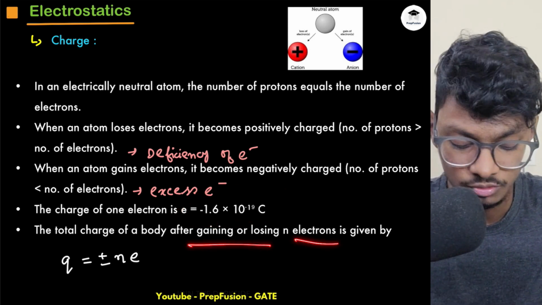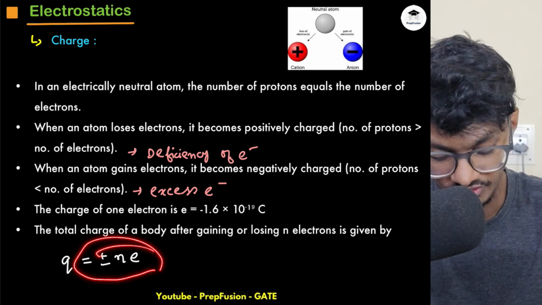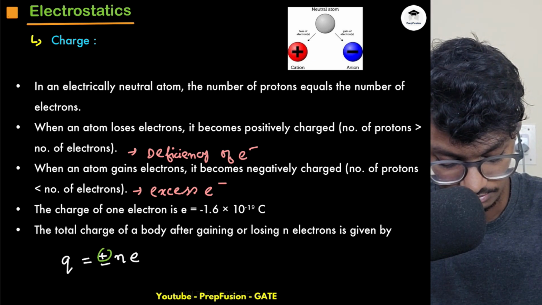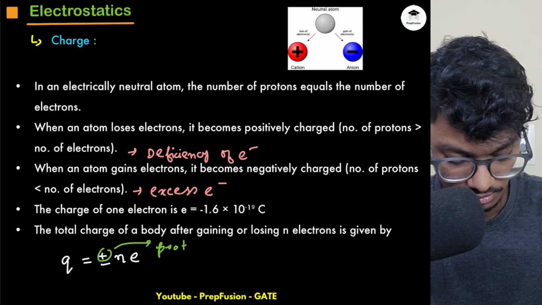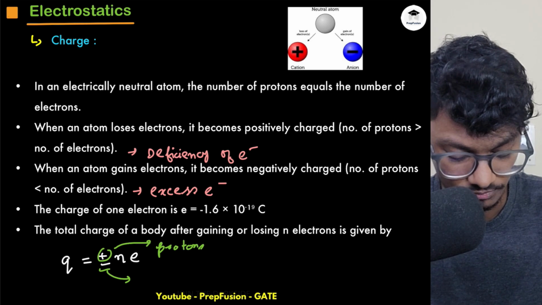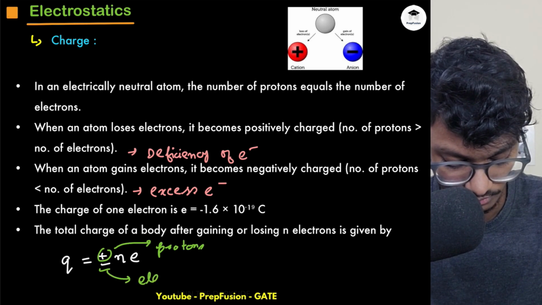So after gaining or losing n electrons, the charge can be plus minus. If I am gaining protons, it will be plus ne. If I am gaining electrons, it will be minus ne.